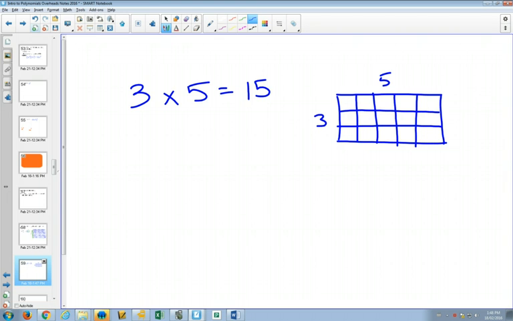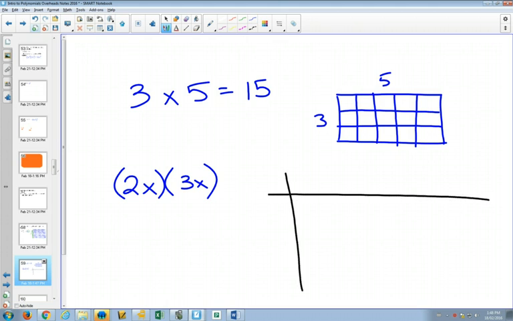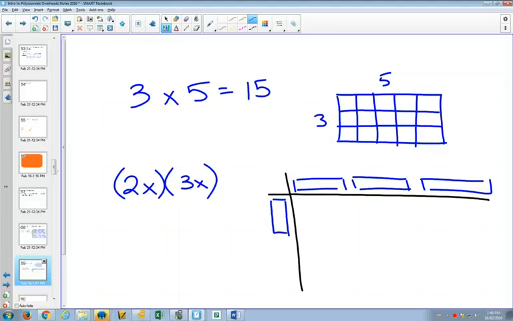Okay? So when we have 2x times 3x, we can draw a rectangle for this as well. If I set up a rectangle to show the multiplication, on one side I put 3 x's. On the other side I put 2 x's. Shade them in because they're all positive.